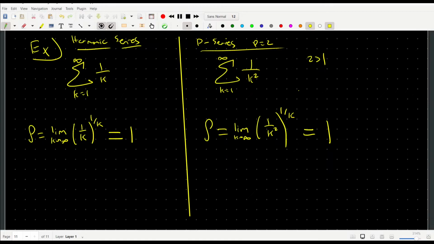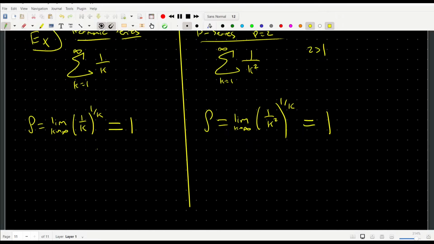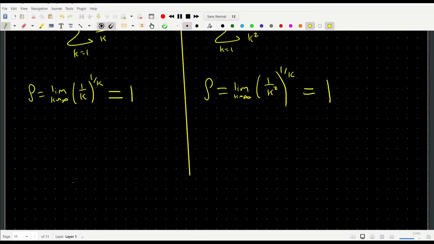So again, be very careful. If you get a limit of 1, it doesn't tell you anything in either the ratio test or the root test. You have to use a different test in order to investigate the convergence.